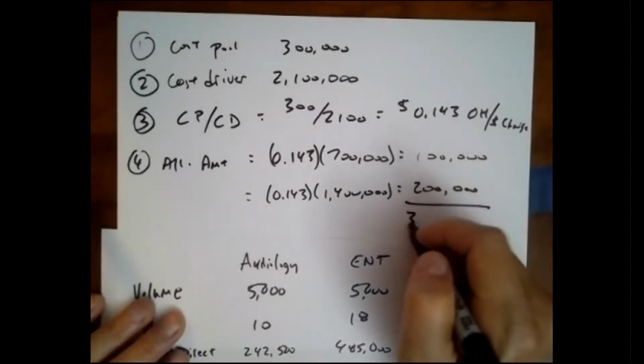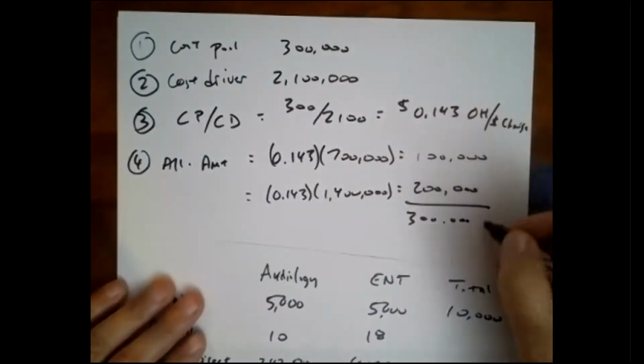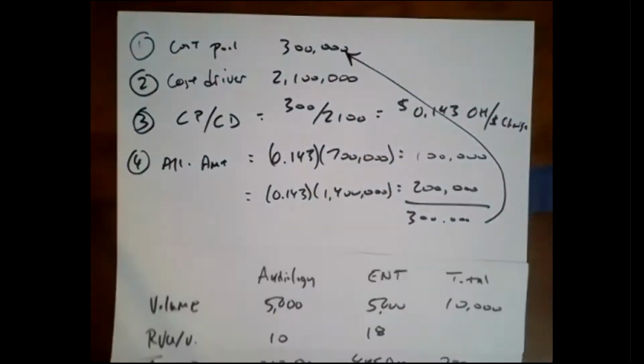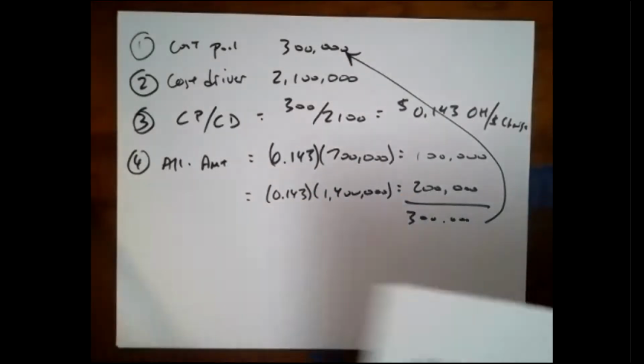And if you total that up, it's 300,000, which is equal to our cost pool of 300,000. So we know that we've allocated this appropriately.